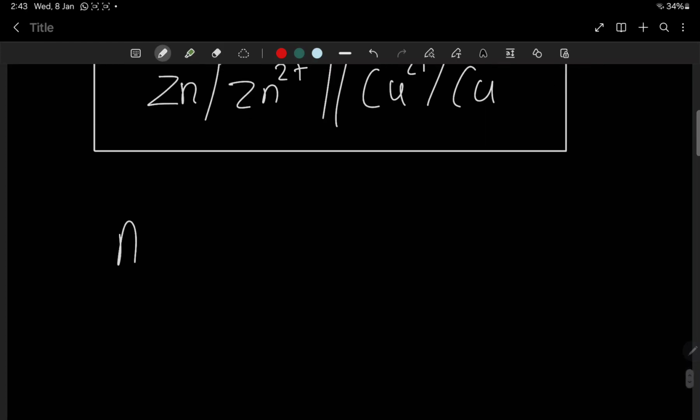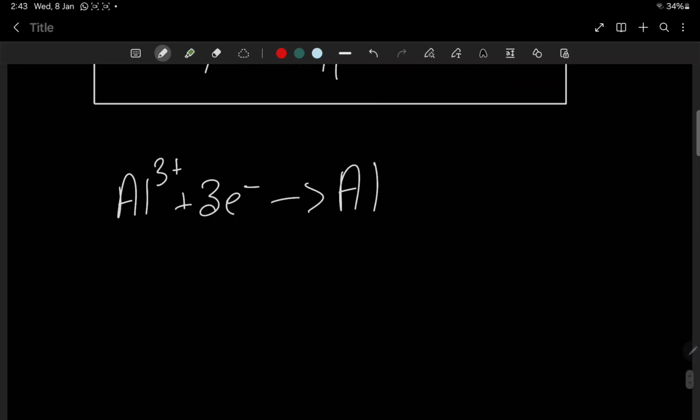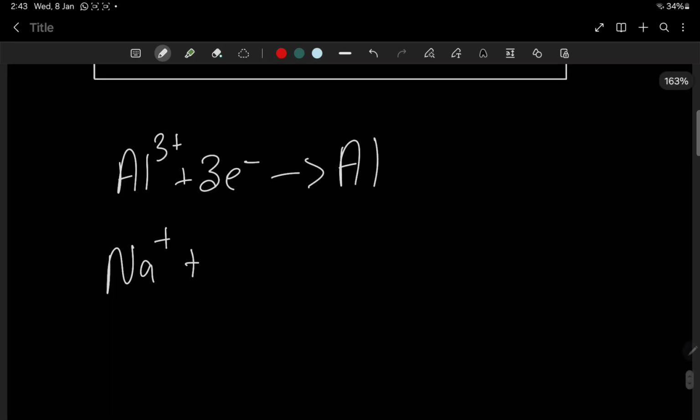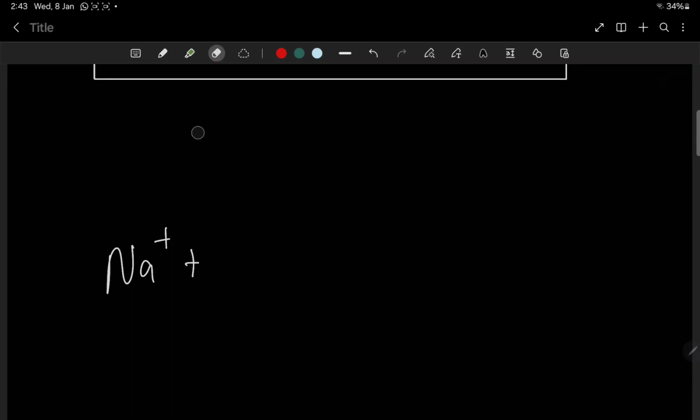If we are taking another reaction, that is Al3+ plus 3 electrons becoming Al, which one will we take? Sodium is never happenable here.